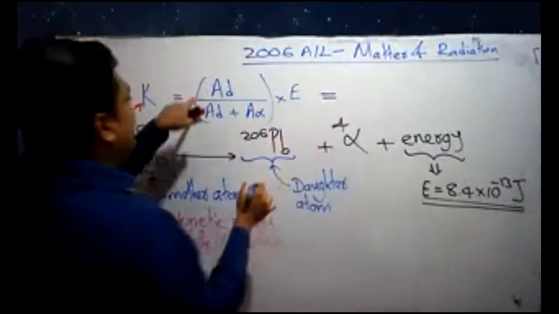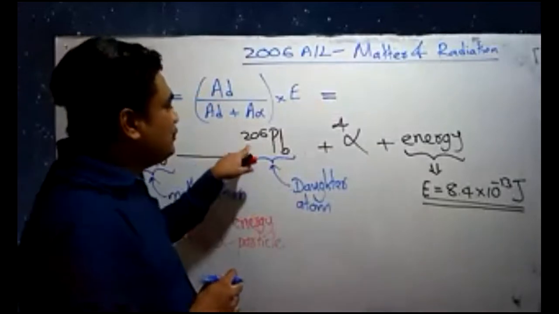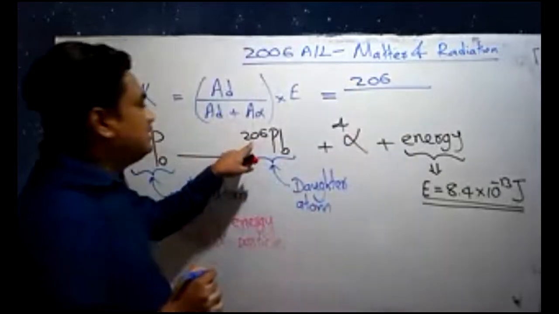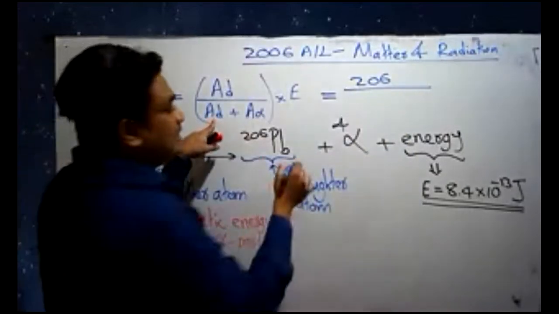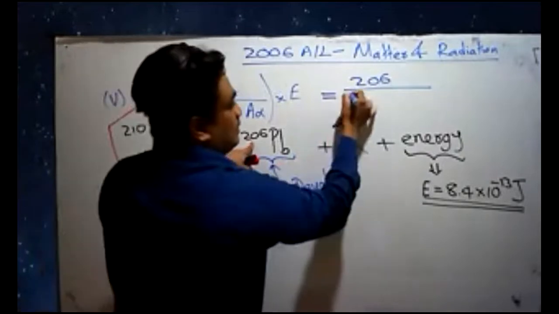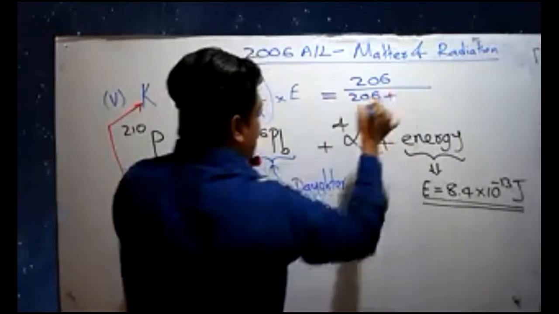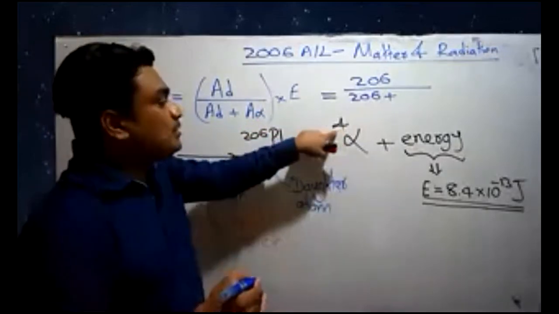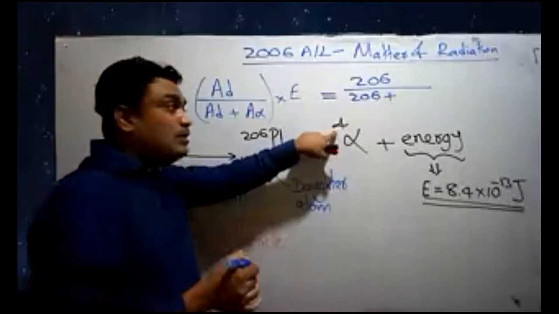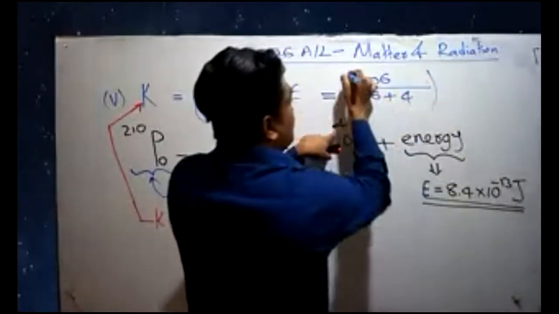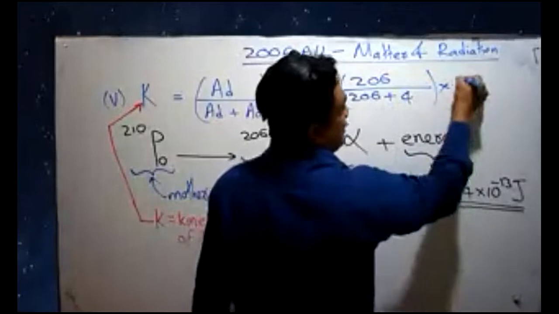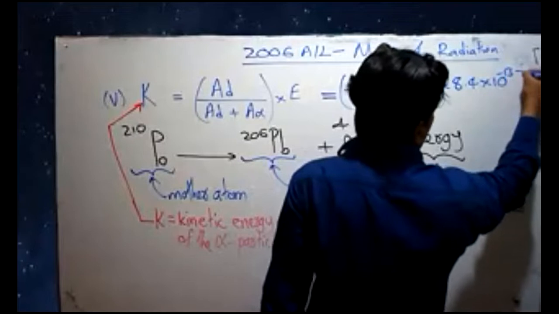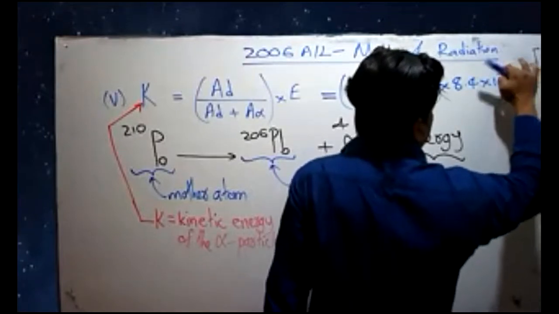Here, AD is the mass number of the daughter atom, that is 206, divided by AD, again the mass number of the daughter atom, 206, plus the mass number of the alpha particle, that is 4. The number kept on the head is the mass number, 4, into E. E is 8.4 into 10 to the power minus 13 joule.